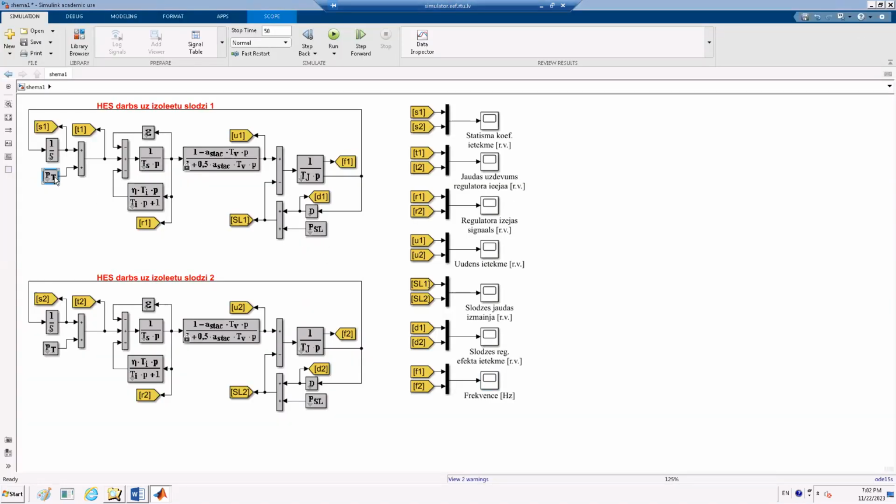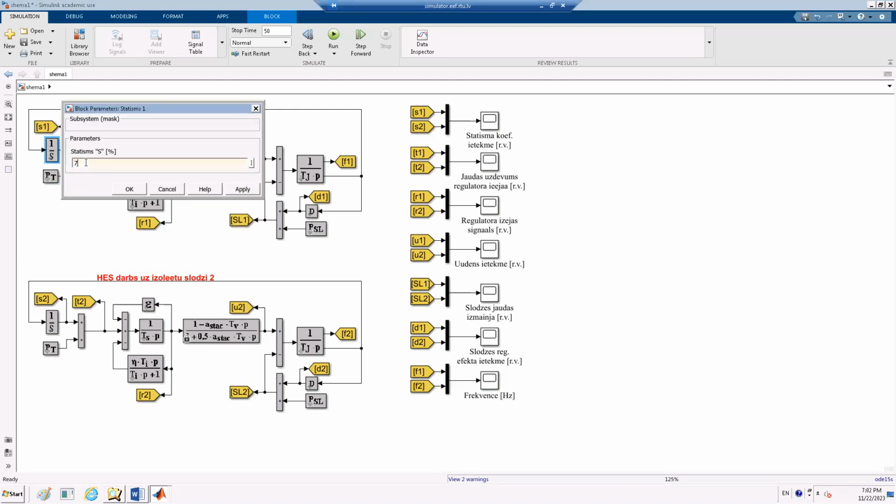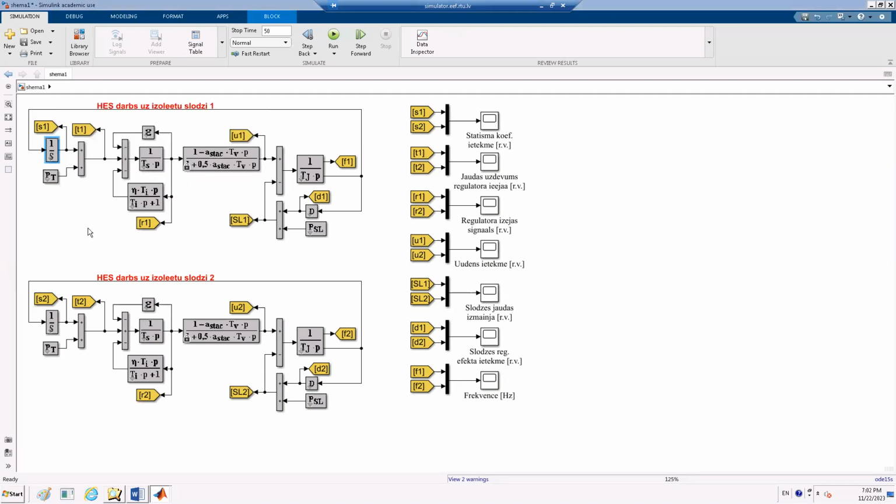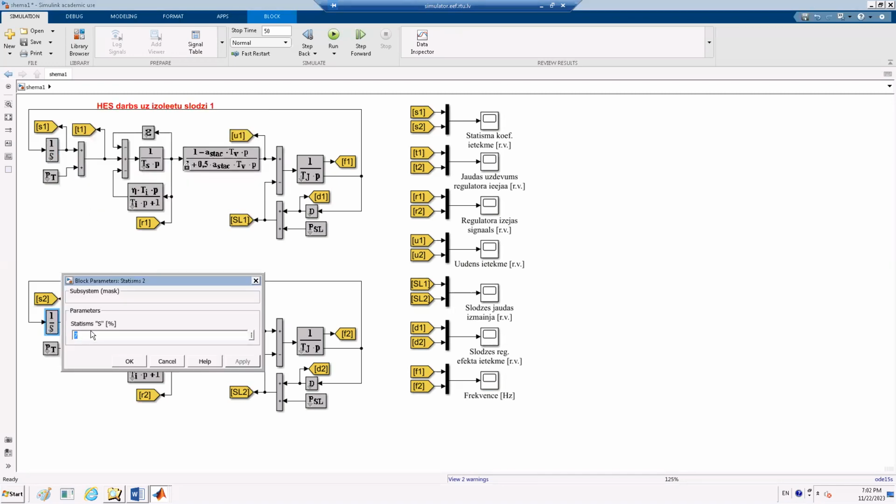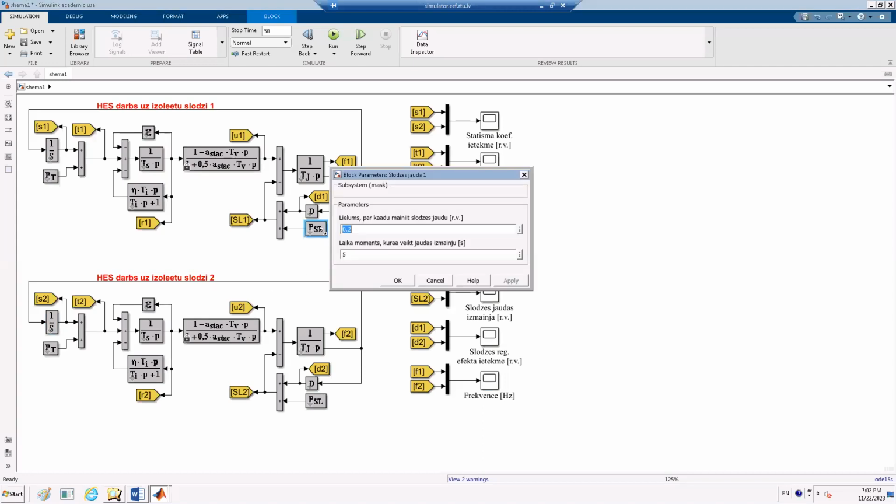Okay, let's use the same. Oh, sorry, let's use, for example, 7. Okay, 7 is too much. Okay, let's put 5 as it is, and 5 here as well. And here we have this deficit. Here it is 0.2. It means that we have 20% of deficit. Let's put here 10.